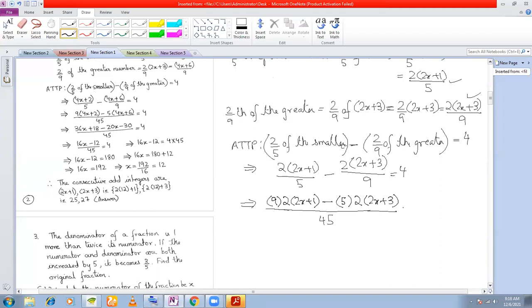Where did the 9 and 5 come from? The LCM is 45. If you divide 45 by 5, you get 9, so you multiply 9 here.